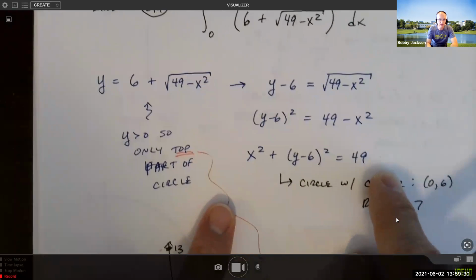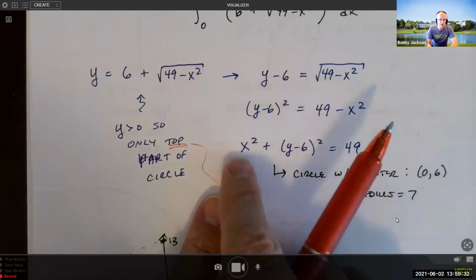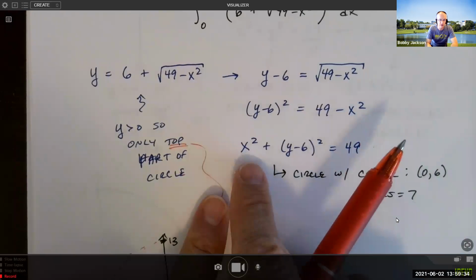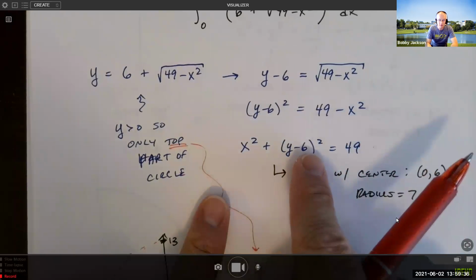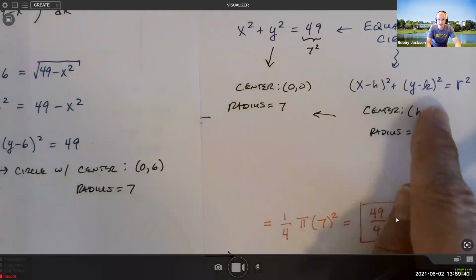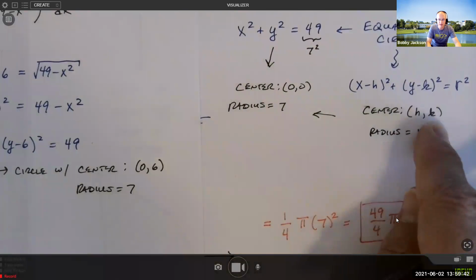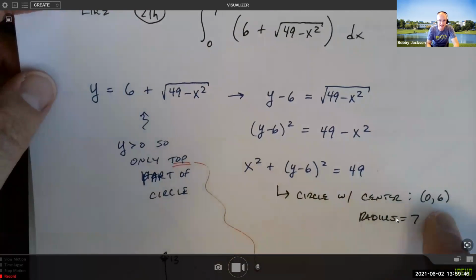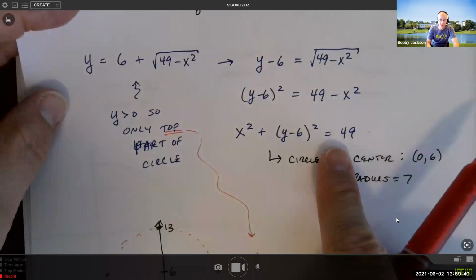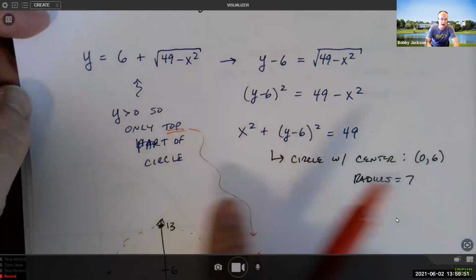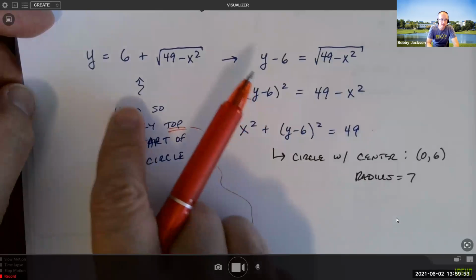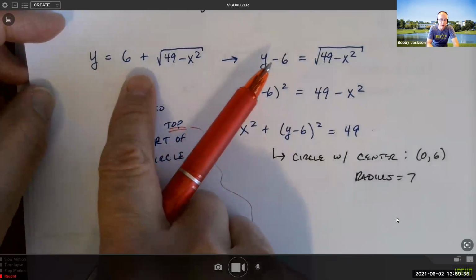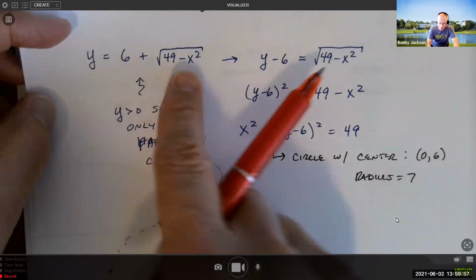This time, notice the center: it's x minus 0, so the x coordinate of the center is 0, but y minus 6 is the k part, which gives me the y coordinate of the center. So the center is at 0 comma 6, and again the radius is 7. Again, I'm only getting the top part of the circle because this value for y is always positive.